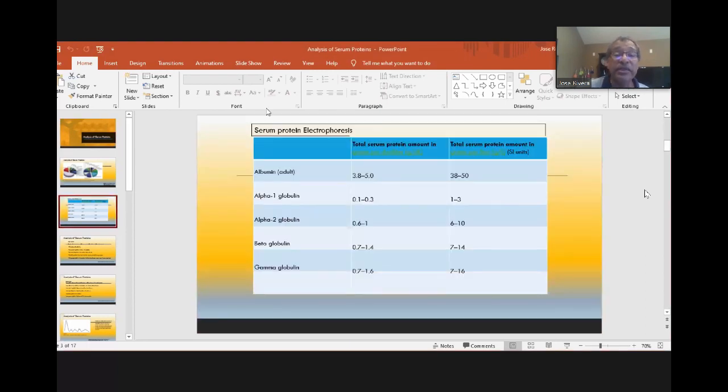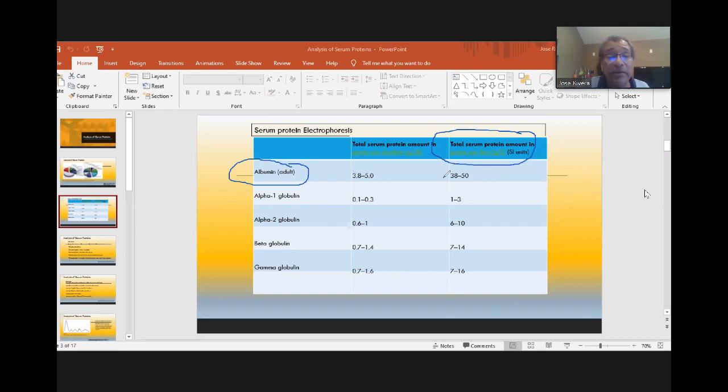And so when you look at an analysis of the proteins, one of the main ones, like we mentioned before, is albumin. If you look at this table and you look at the grams per liter, I'm only going to look at this side. Albumin by far is the most abundant, right?